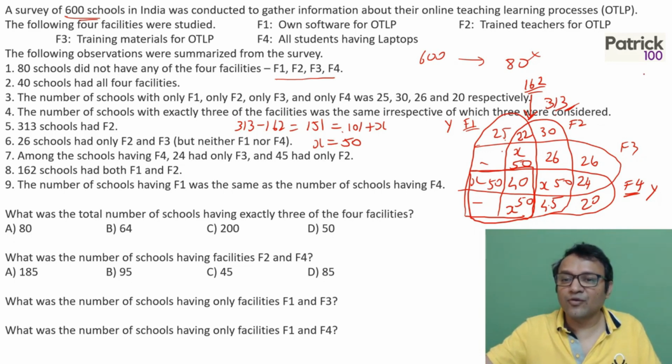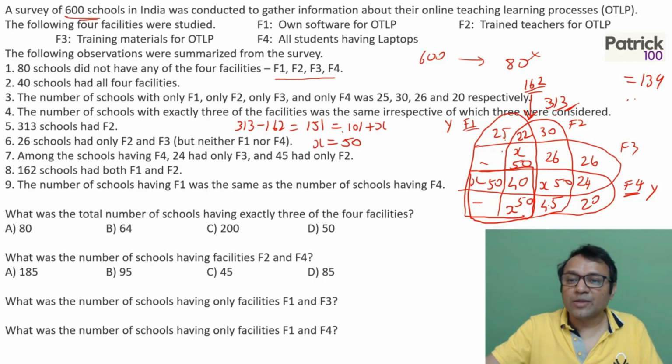This 139 for F4 should be equal to the remaining part of F1. You subtract these three, 50, 22, 25, which is 97, and you will get 42. So this is 42.